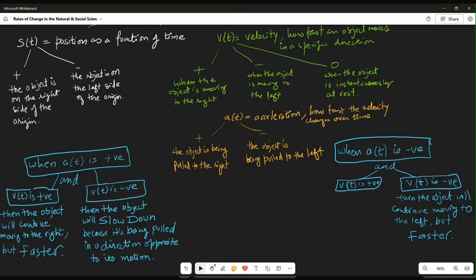But when acceleration is negative and velocity is positive, then the object will slow down because it's being pulled in a direction opposite to its motion.